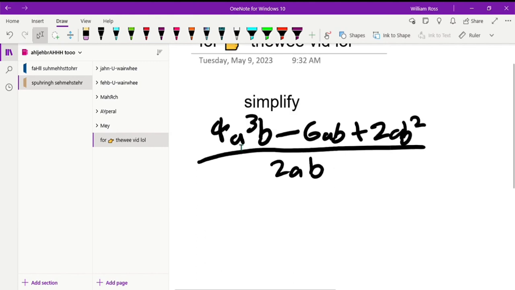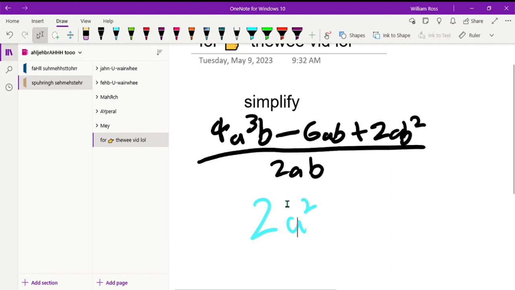What we need to do here is divide all this by this, and how we're going to do it. So let's start off with dividing 4a cubed b by 2ab. So this is fairly simple. So 4 divided by 2 is 2. A to the third over a would be a squared.